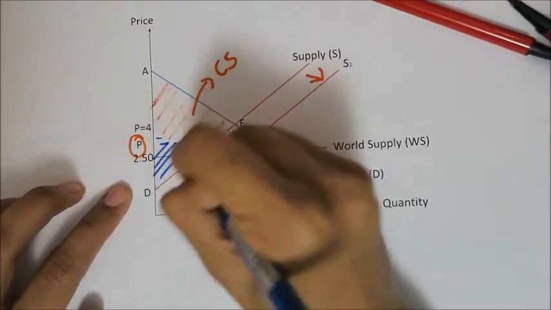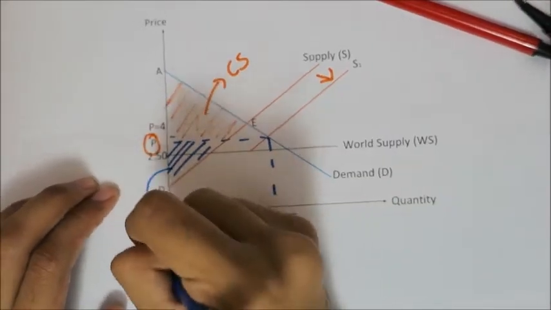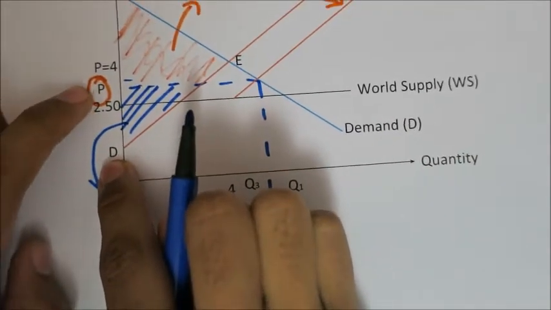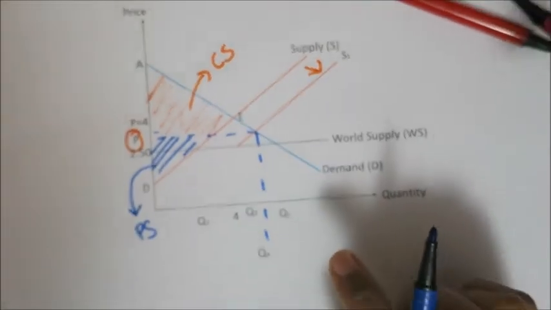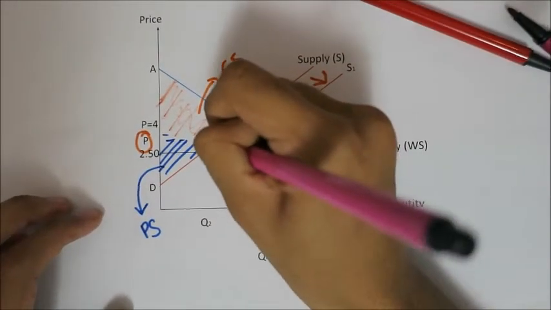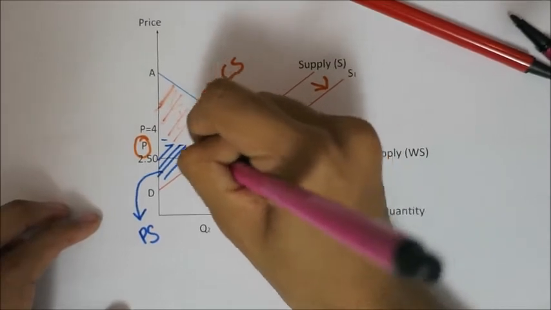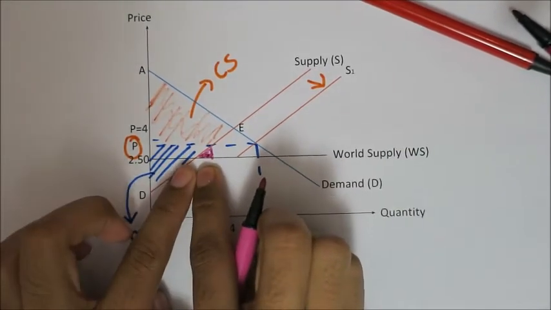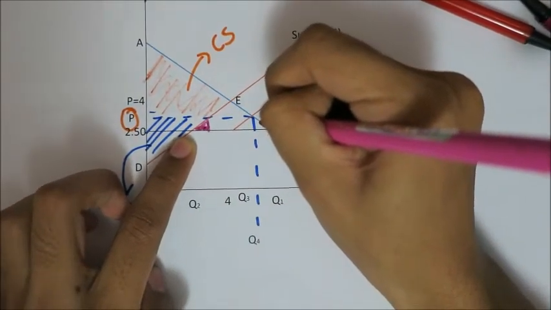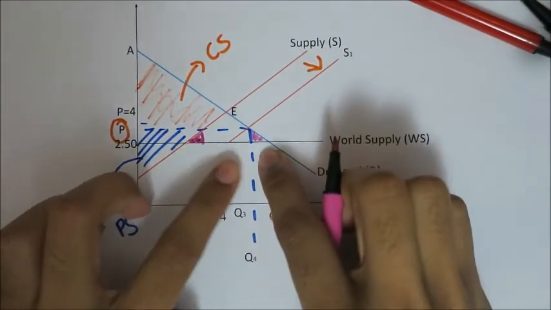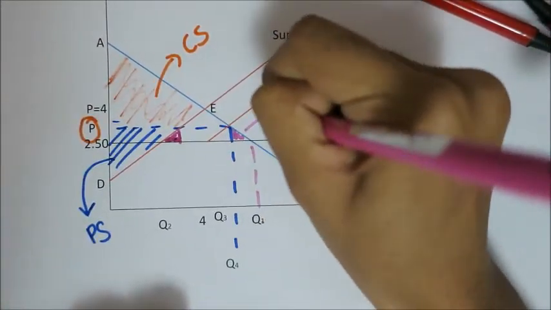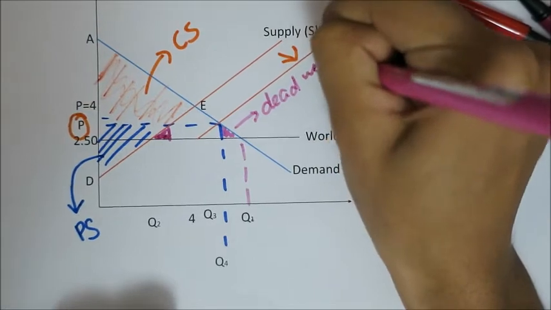So the producer surplus will increase from 250 to P. And then there is a protective effect on producers. This is the protective effect on producers, and there is a consumption effect on the consumer, the inability to buy at Q1. This equates to deadweight loss.